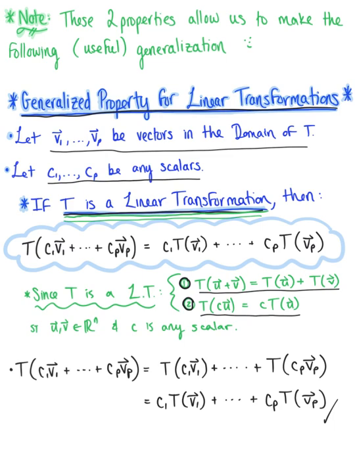Woohoo! So we can see how we use the definition of a linear transformation to help us verify all of these properties. And we're going to be using all of these properties quite frequently throughout the remainder of the course.